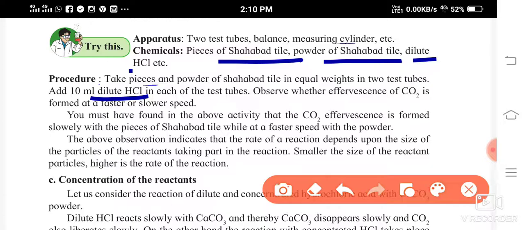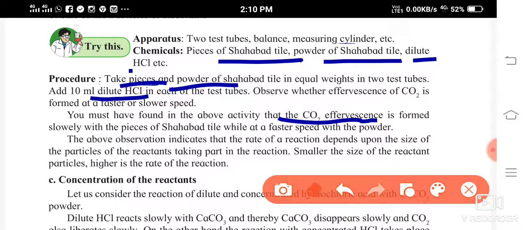You must have found in the above activity that carbon dioxide effervescence is formed slowly with pieces, but in powdered form it is faster.